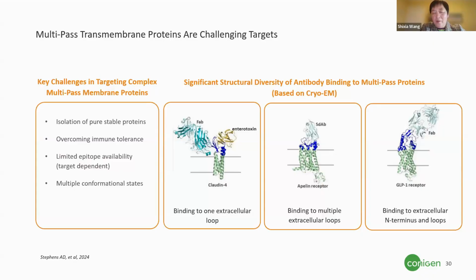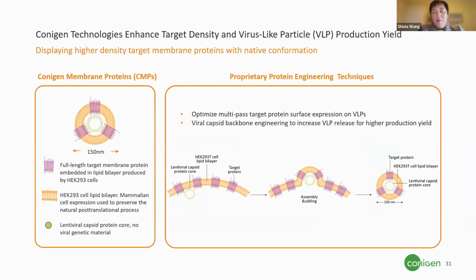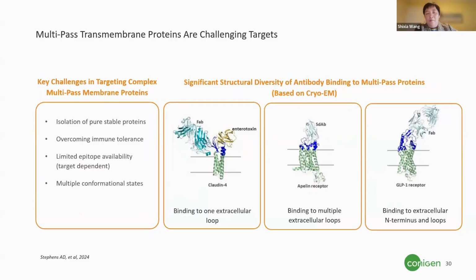The antibody is a nanobody, a single-chain antibody, and it can interact with multiple extracellular loops. The third example is the GLP-1 receptor, also a GPCR target. The antibody Fabs can bind to the N-terminus and multiple loops. So this also increases the complexity of displaying or producing antigens for antibody discovery.